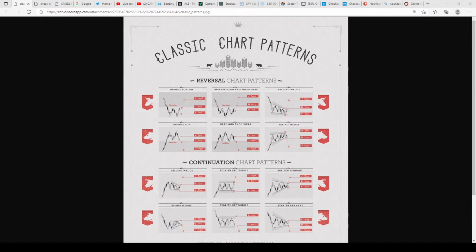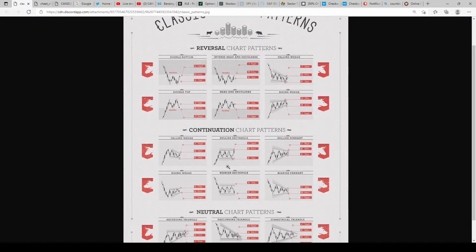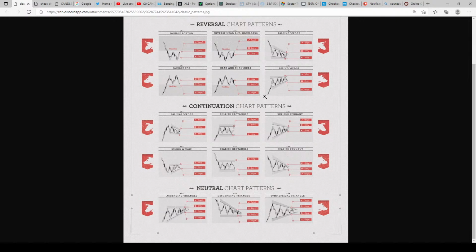If we go back to the charting patterns here, some of the others that we look at are the rectangle. That's exactly what that one was I was showing you a second ago. Falling wedges. Oh, we just did a falling wedge. Sorry about that.